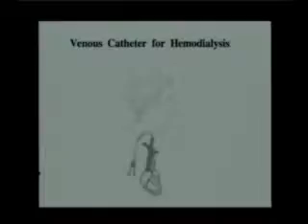Sometimes we can't use arterial blood, so we might use venous blood. This picture shows us a venous catheter in the subclavian that might be used. We sometimes can also see femoral veins used as a source for blood for hemodialysis.